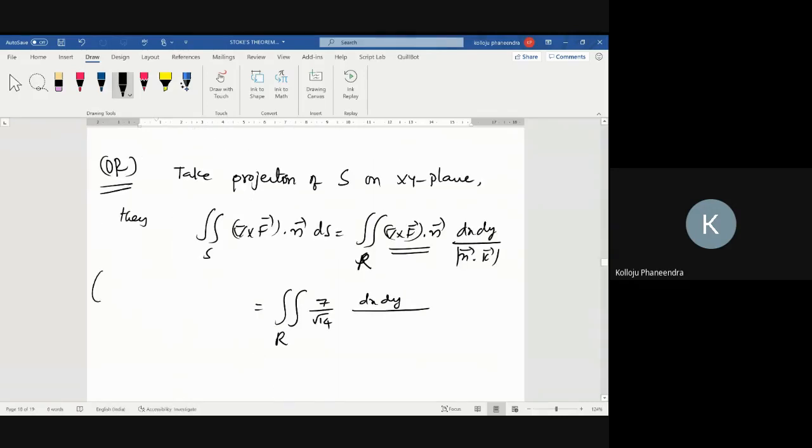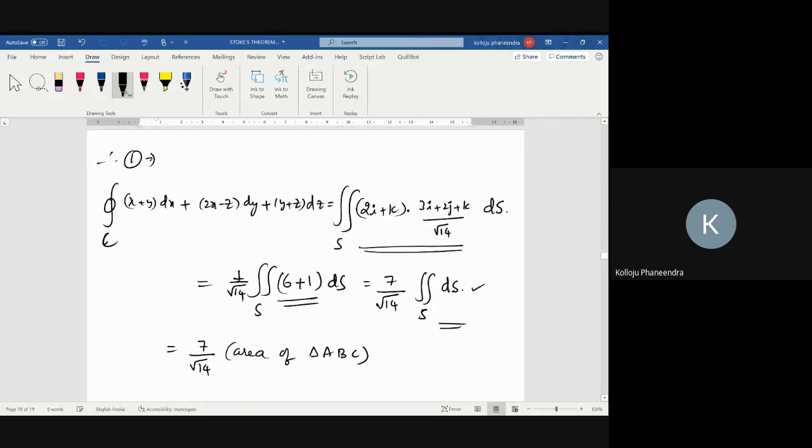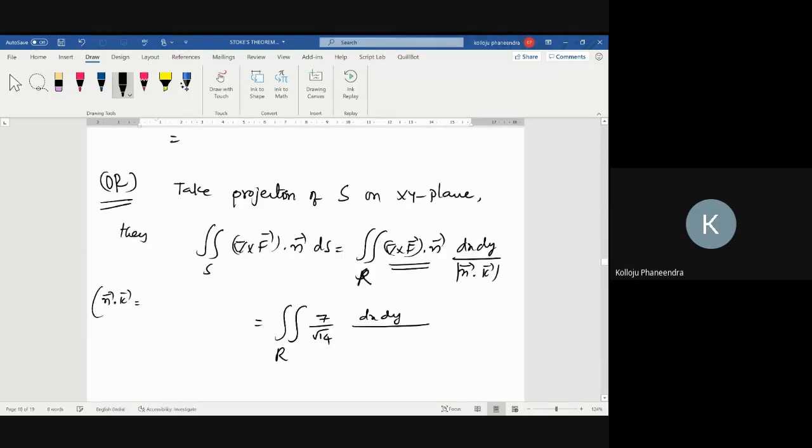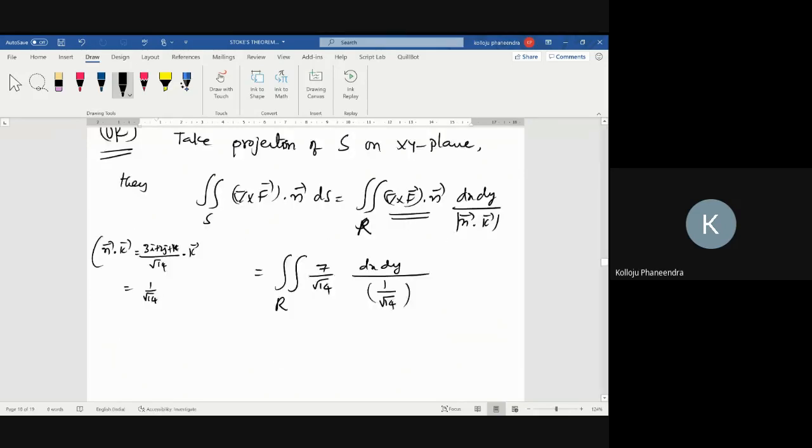N bar is 3i plus 2j plus k by root 14 dot k bar. So this is 1 by root 14. Correct?